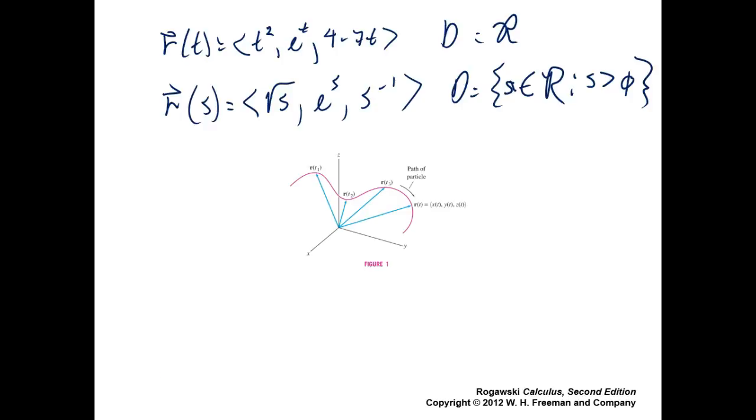Some special cases of vector parameterizations we did in chapter 12. For instance, you tell me what this would represent. Going back to our t, that's their favorite. Okay? What would that represent?